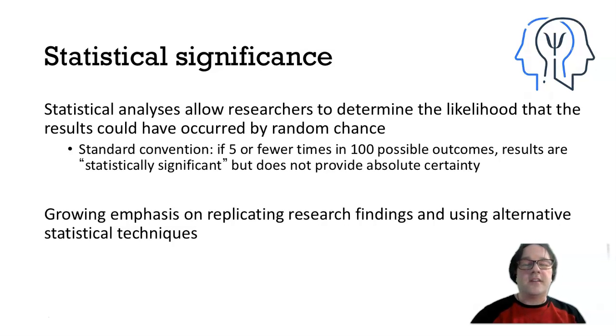We use statistics to basically allow us to determine the likelihood that the results that we got in our study would have happened just by chance, just by randomness, right?